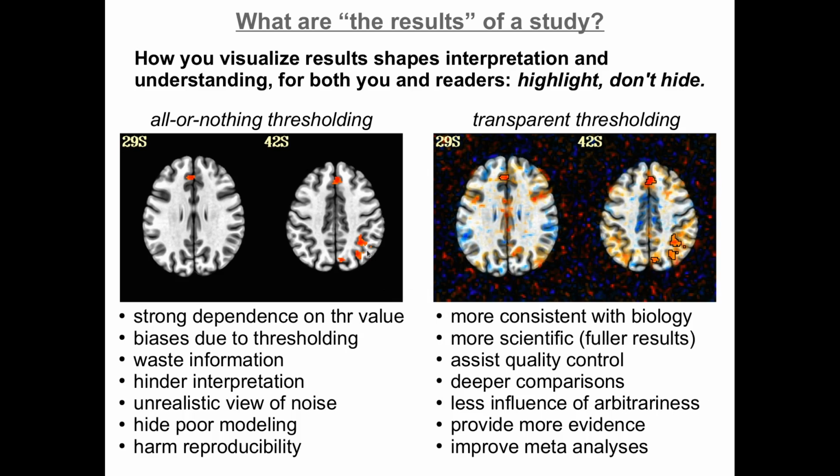Here, if you add a couple more subjects or if you change your p-value a bit, your cluster picture would change drastically. Here, it won't actually change that drastically because you will have some things that are a little bit above and below threshold, but you'll still see them all with almost the same amount of influence. So this method here is providing evidence for what's happening in the brain. This is providing decisions.